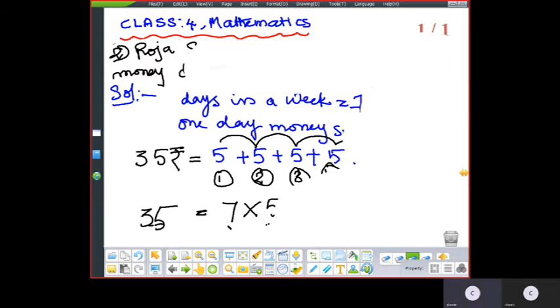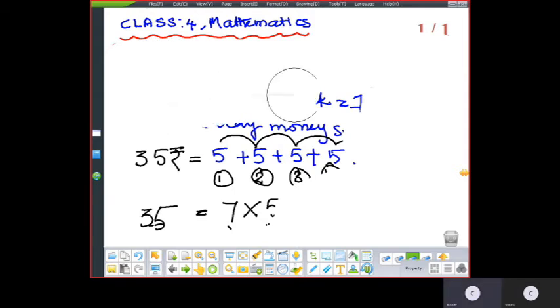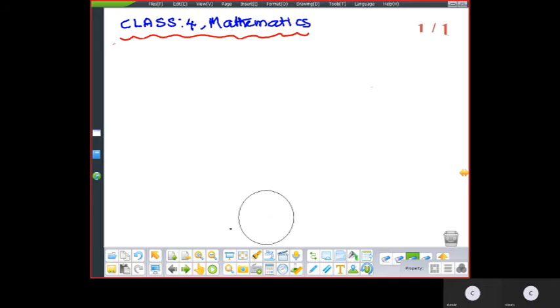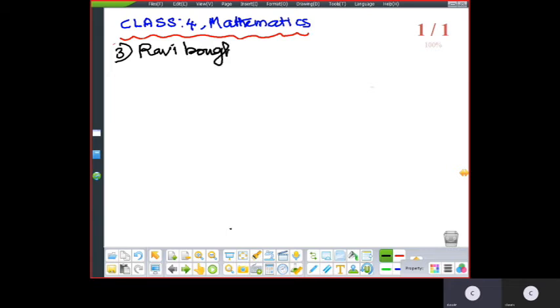So now the third one. The third question: Ravi bought 50 rupees and gave 25 rupees to Kiran.